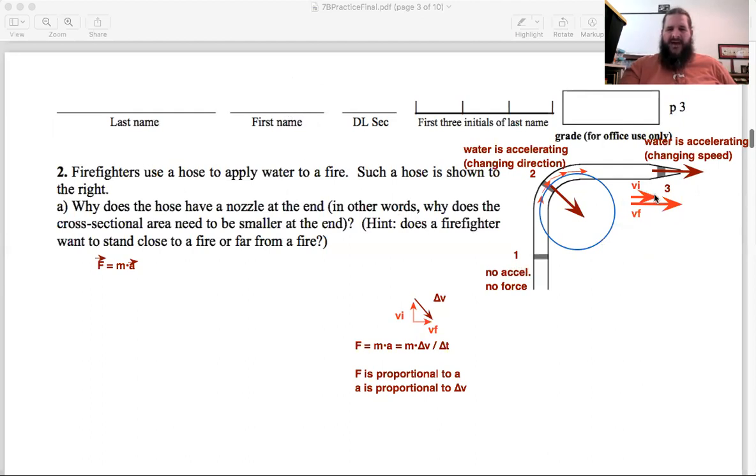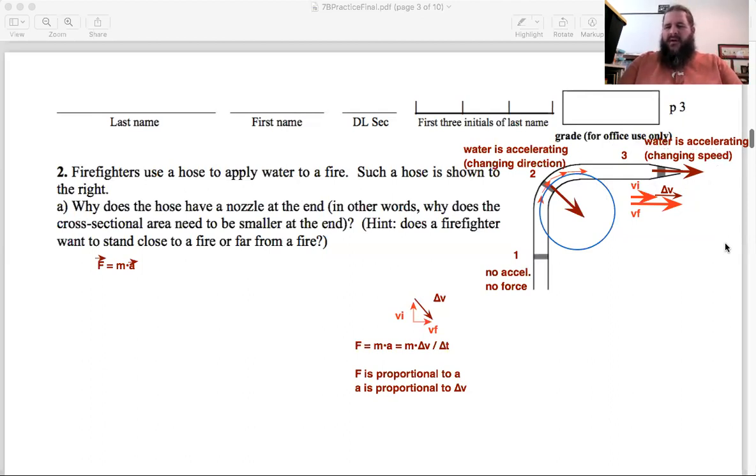So from the initial value to the final value, that's delta V. So delta V is to the right. And again, the acceleration and the net force are going to be in the same direction as that delta velocity.